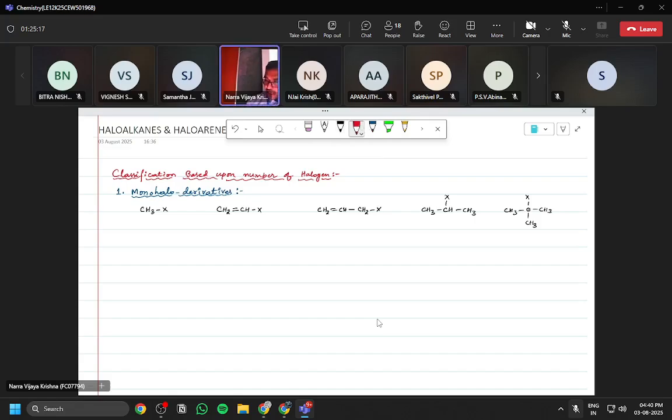But this is present on a tertiary carbon. That's why, is it a tertiary halide? This one, secondary halide. This one, we call this carbon an allylic carbon, so it is an example of an allyl halide. This is vinyl halide.